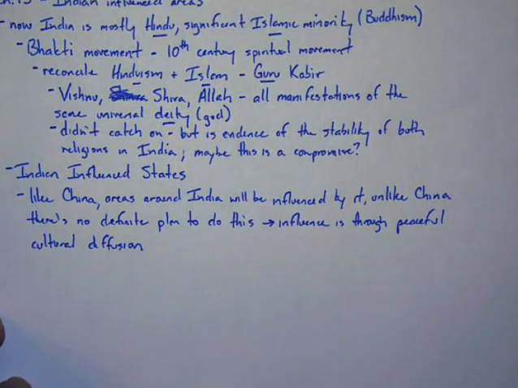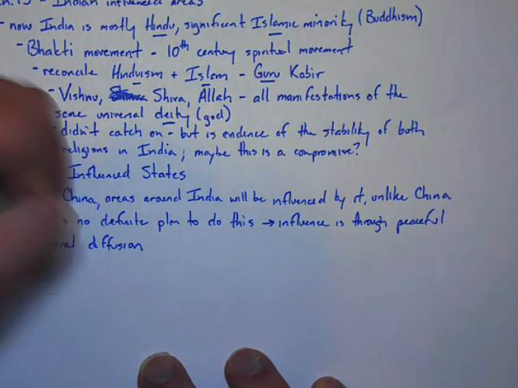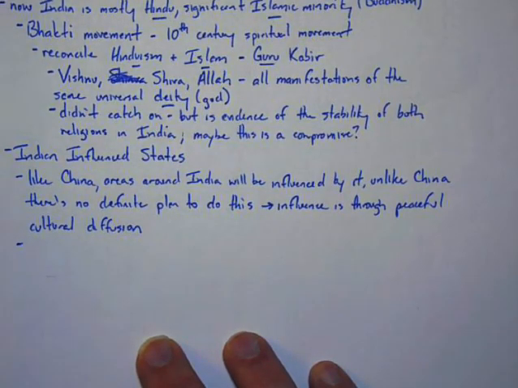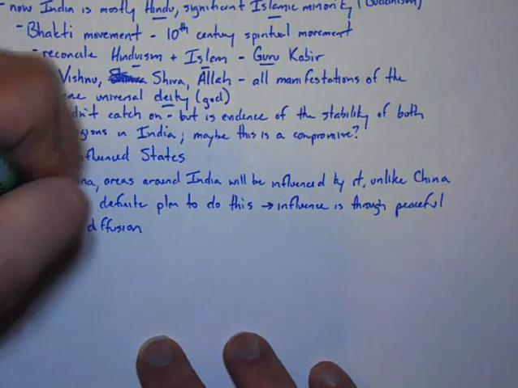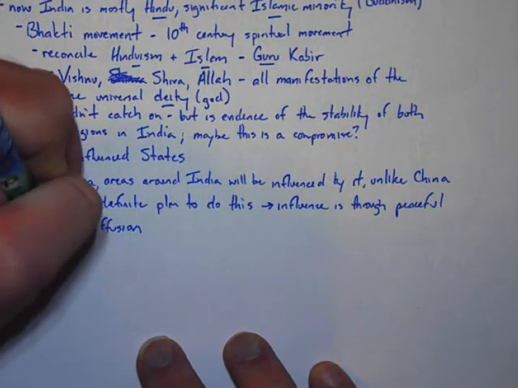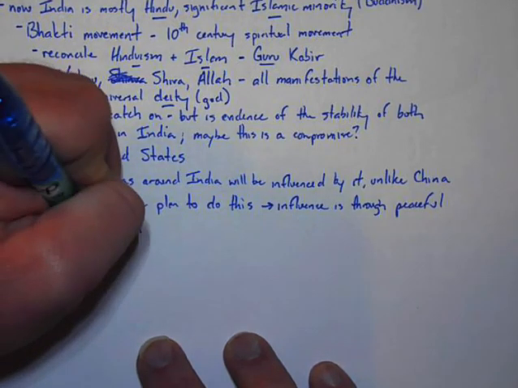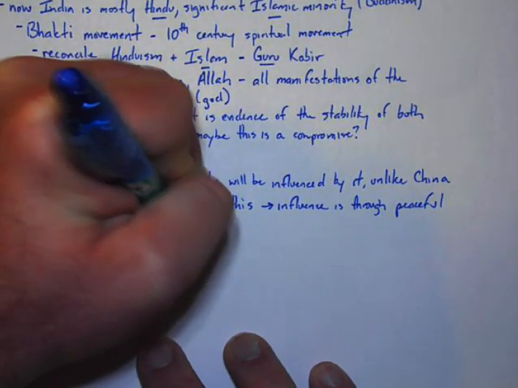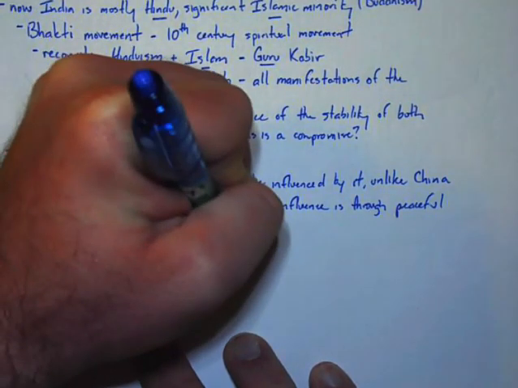So we're not going to spend a lot of time on any of these areas, but I want to highlight a few of them. One thing that unites all of these areas that are influenced by India, there's going to be a lot of cultural diffusion, but none of these places adopt the caste system.